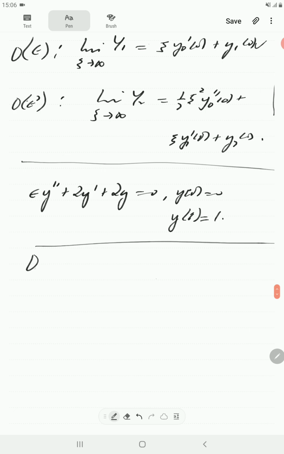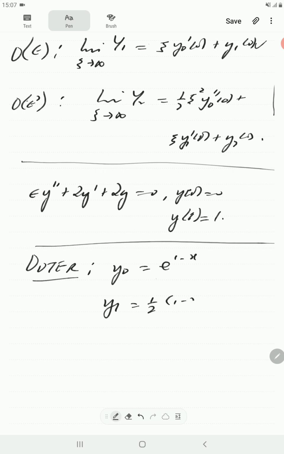So for the outer solution, we got that y0 is going to be e to the 1 minus x. y1 is 1/2 (1 minus x) e to the power 1 minus x.